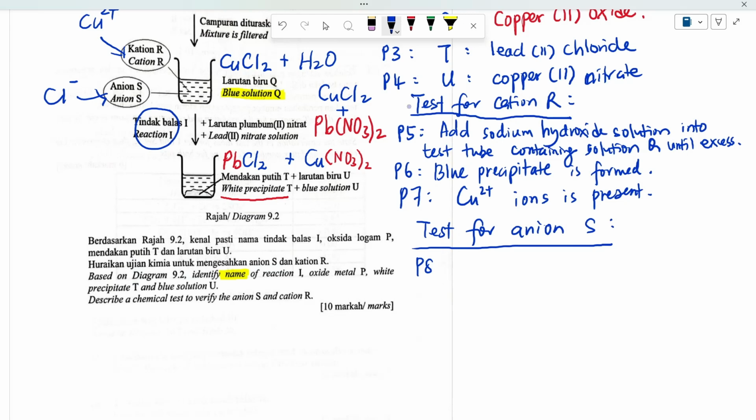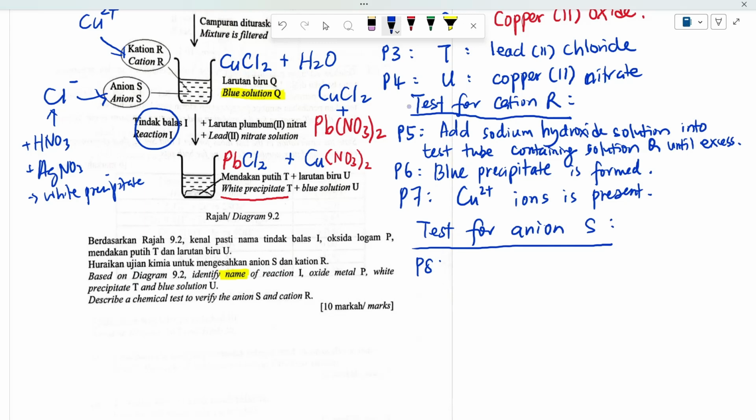You will see a white precipitate. What is that white precipitate actually? It is silver chloride, because we use the silver nitrate, right? So we use nitric acid, then silver nitrate. Then you see a white precipitate.